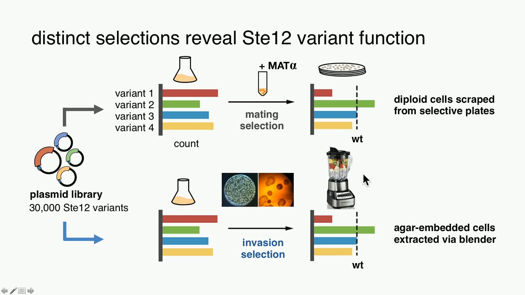And here a lot of the optimization was realizing that the chopped salsa setting is a lot better than the puree setting for the downstream filtering. And so again, we have this selection which tells us which Ste12 variants are functional, but now for invasion rather than mating. So I'm going to jump right into the data, first with mating.